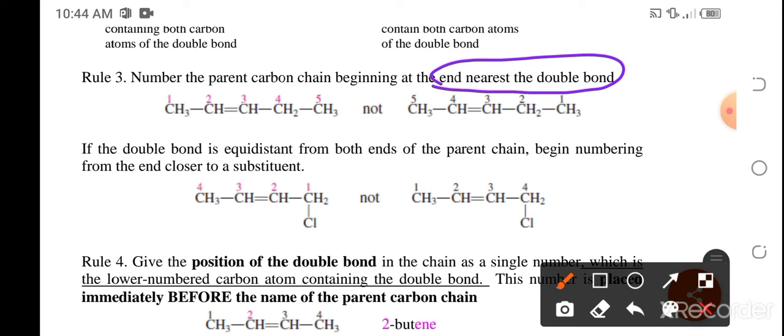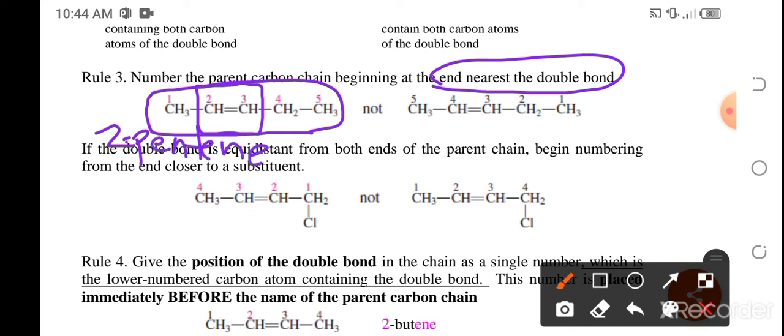Okay, so for this case, you have pentene. The double bond is in between 2 and 3. So this one would be named as 2-pentene. Okay, so that would be 2-pentene and not the other way around.